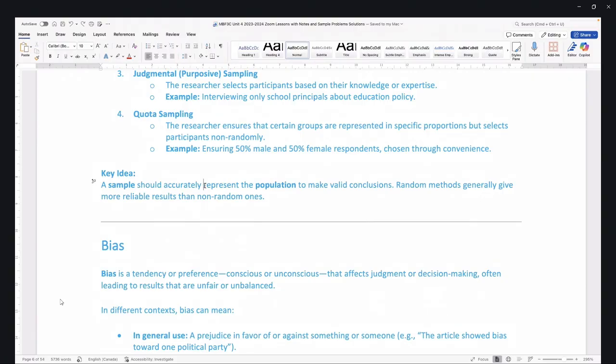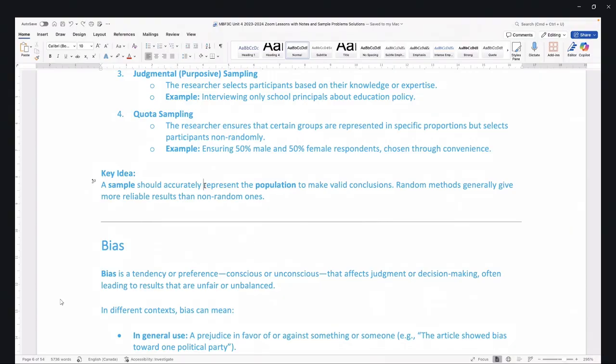Bias is a tendency or preference, sometimes conscious, sometimes unconscious, that affects judgment or decision making, often leading to results that are unfair or unbalanced. So, for example, I'm a Montreal Canadiens fan, and I am going to interview a bunch of people at the school to see what people's favorite teams are.